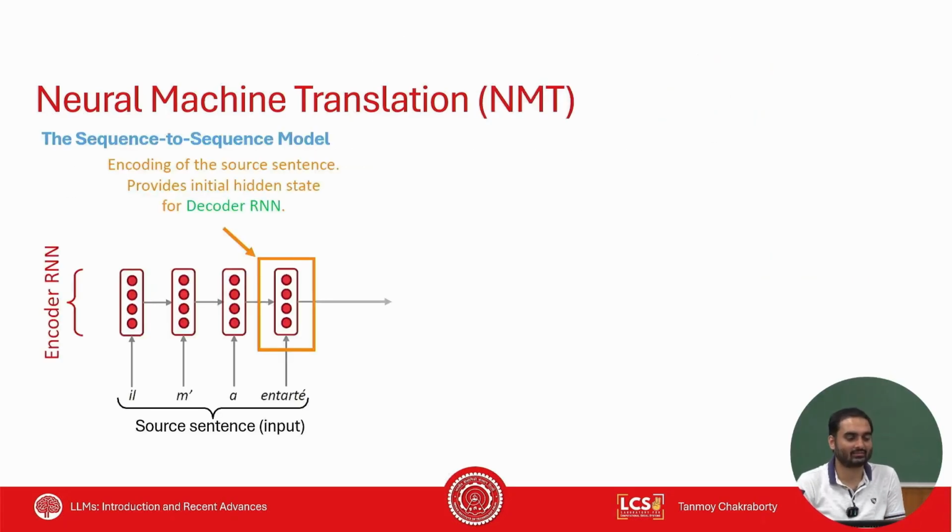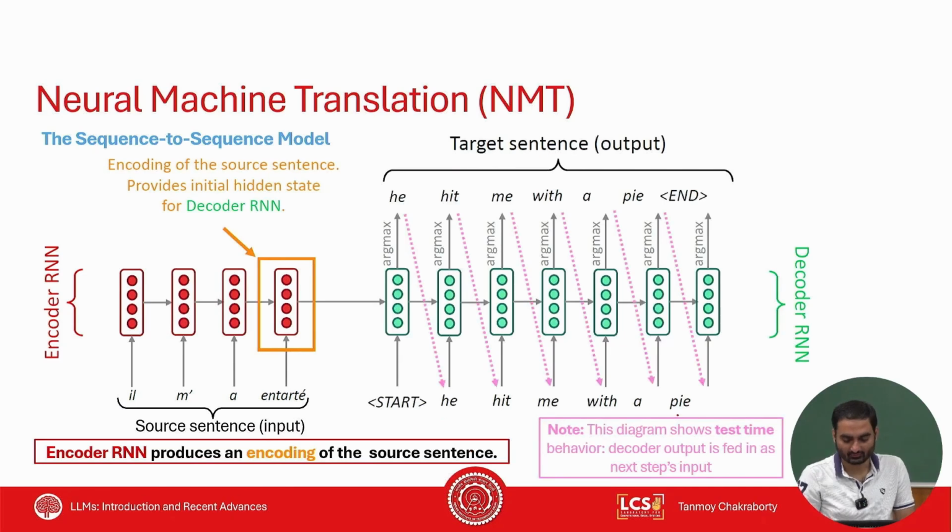Okay, so let's look at the machine translation problem for the time being. In a sequence to sequence model, since there are two sequences involved, input and output, we use two RNNs. One RNN will process the input, another RNN will process the output. Let's say this is the French sentence, and you use a simple RNN to encode the sequence, and this is the last hidden state, and this is your output.